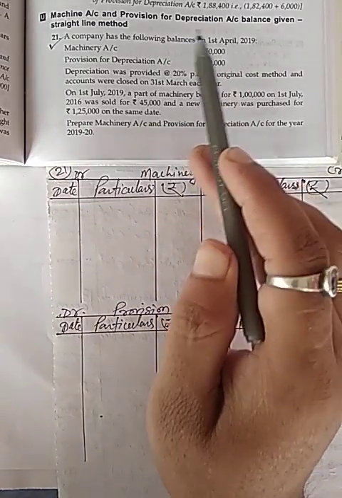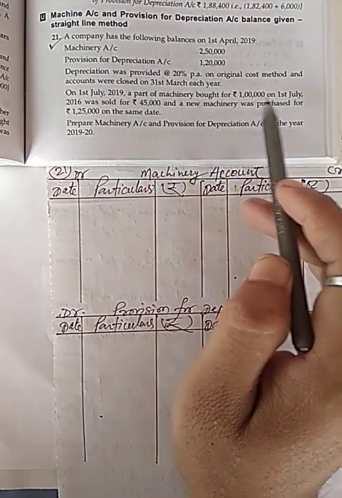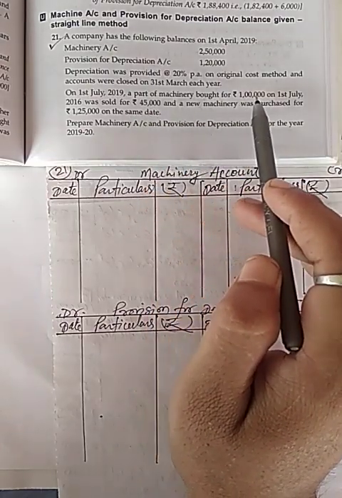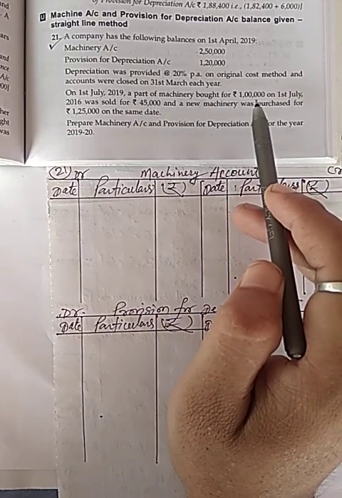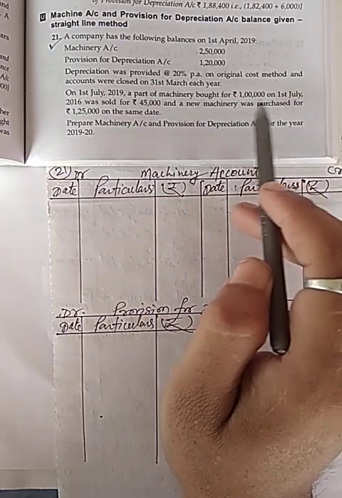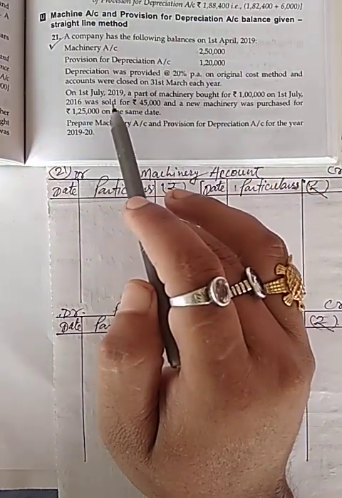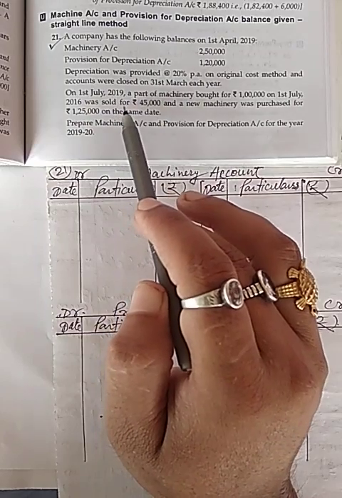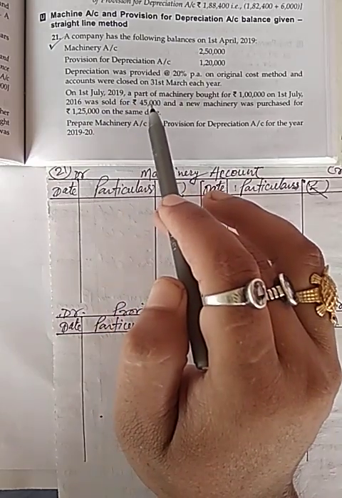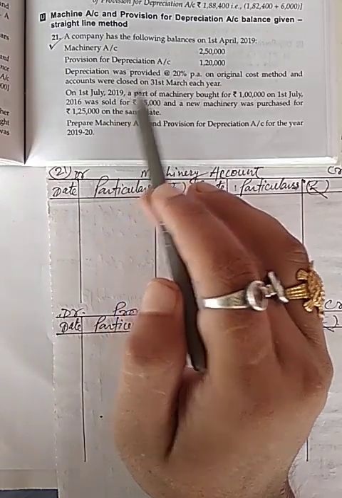Now student, we have to put the balance of machinery 2,50,000, and as we know a part of machine costing rupees 1 lakh was purchased on 1st July 2016 and sold for 45,000 on 1st July 2019.